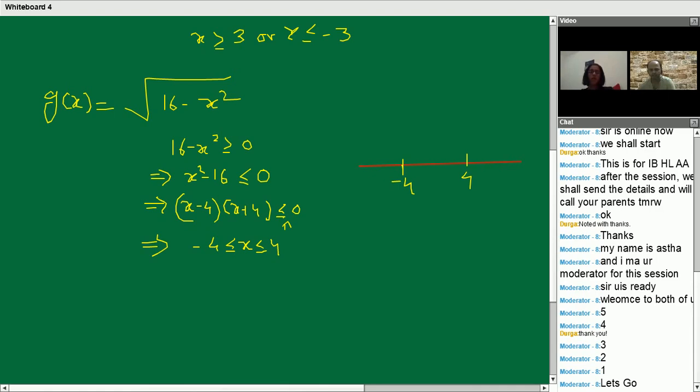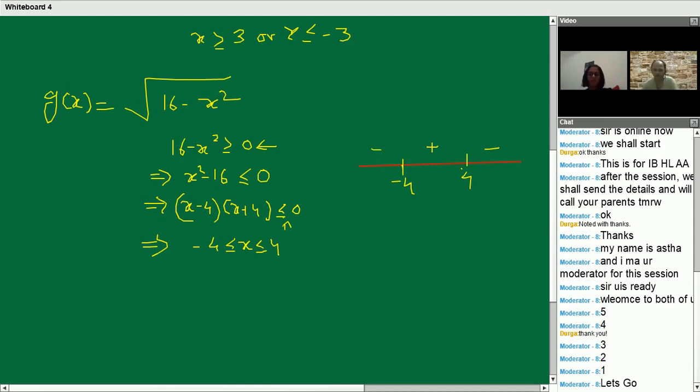And in between, if x is 0, you'll get positive 16. On the other side, if you take negative 5, you'll also get negative 9. Yes, true.